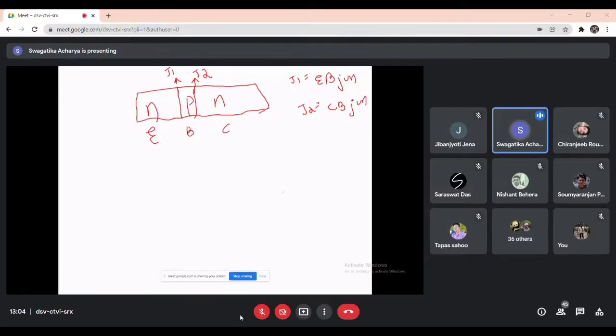So this emitter base junction should remain in forward biasing mode, and this collector base junction always remains in reverse biasing condition. The middle section is your base section, and it is a very thin layer.